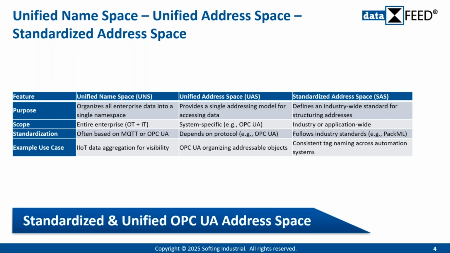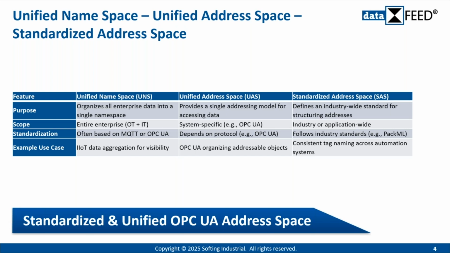Unified namespace is mostly used in enterprise IT, OT, IT. Unified address space is a little bit system specific, for example for OPC UA, and the standardized address spaces are for industry- and application-wide scopes. From the standardization point of view, as you can see here, a unified namespace is often based on MQTT or OPC UA.